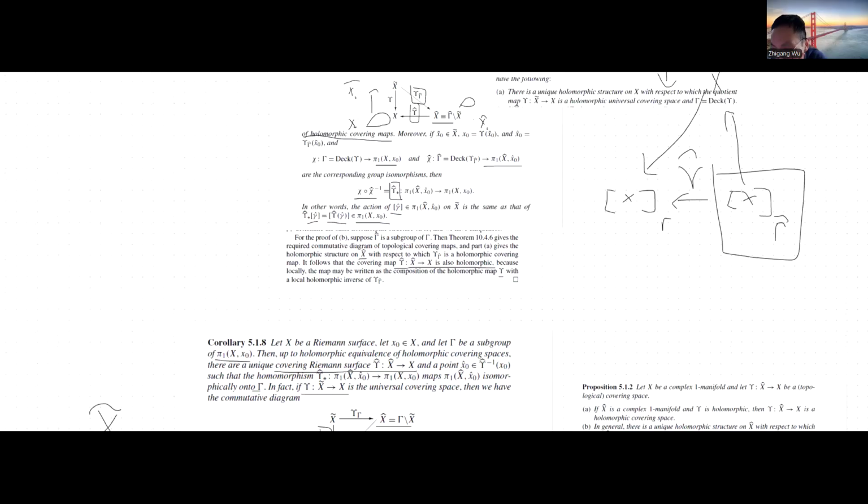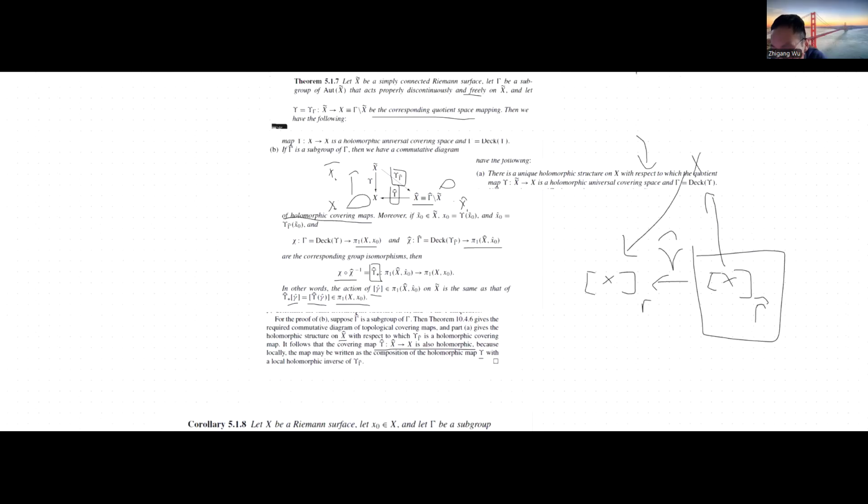Since this gamma hat is a holomorphic map, I think we show that this is actually an automorphism, but I'm not quite sure.